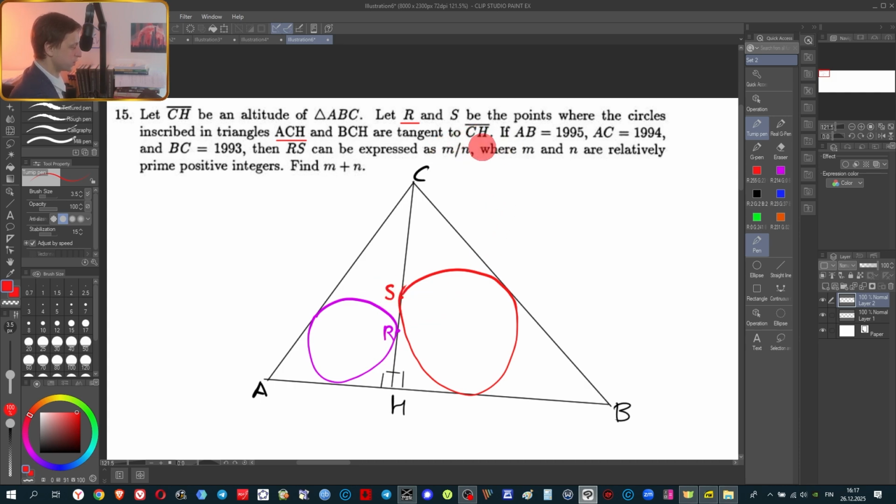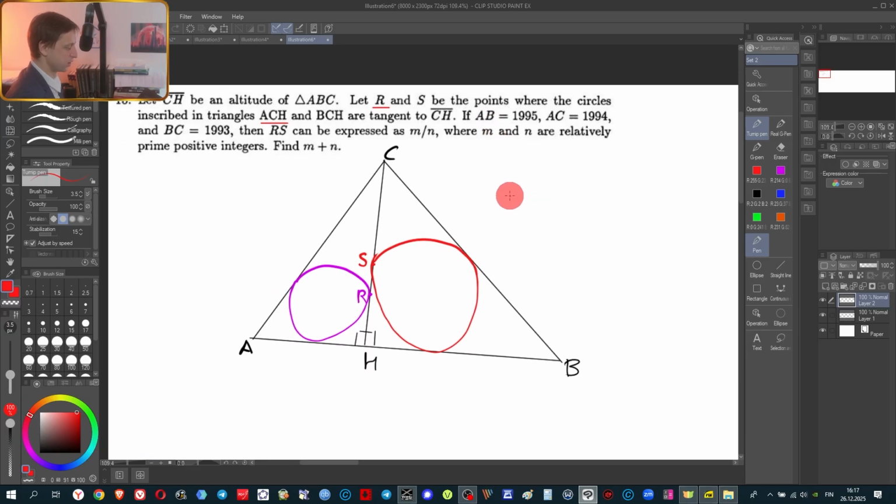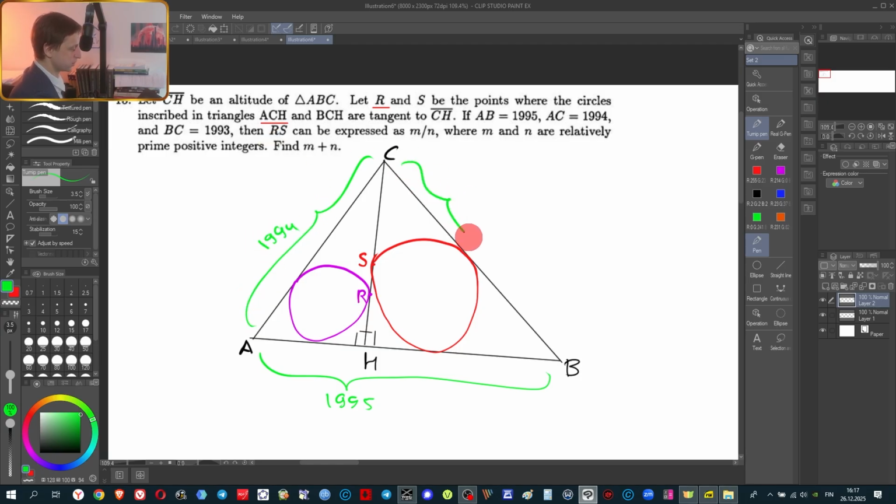And you also have that AB is 1995. Let me mark this one. So AB is 1995. AC is 1994, and BC is 1993, and RS, this segment RS, can be expressed as m over n.